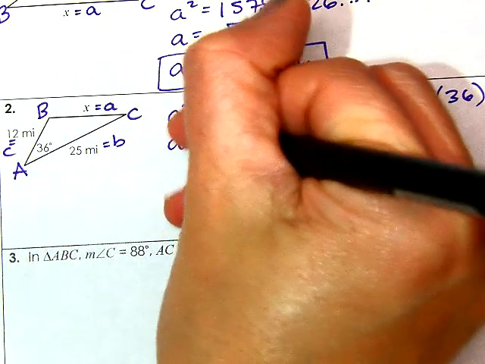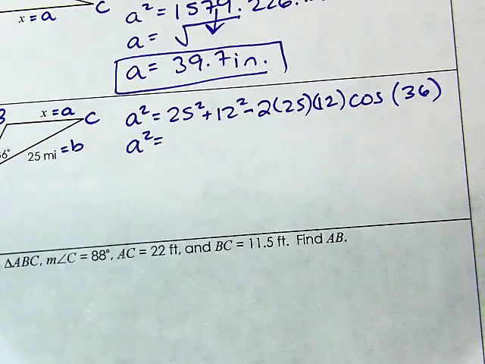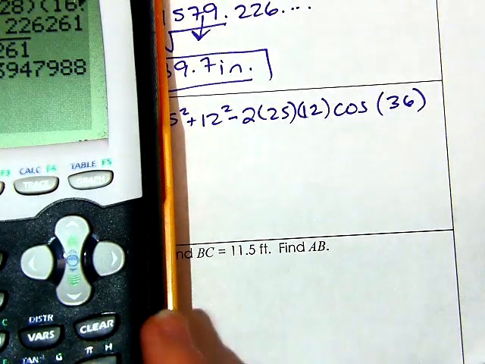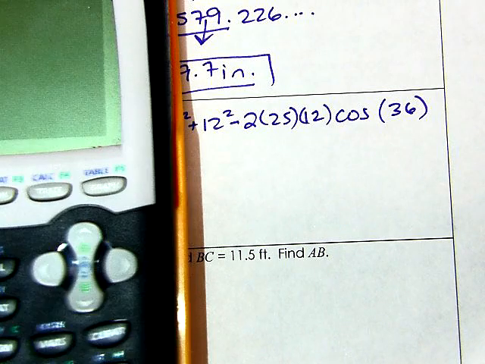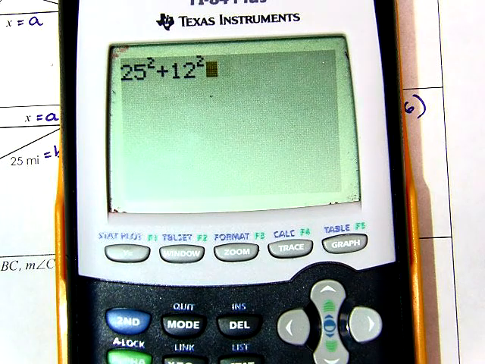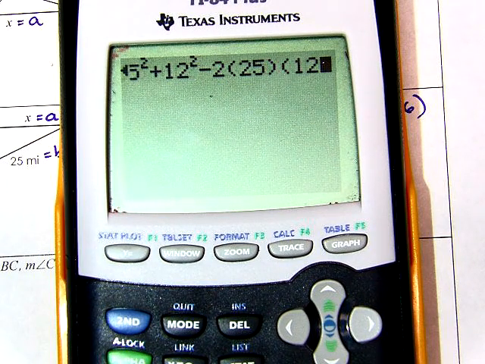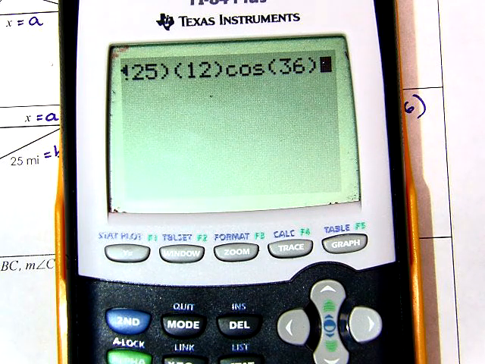I'm at the point now where I can just plug that into my calculator exactly the way it looks. So I have 25 squared plus 12 squared minus 2 times 25 times 12 times the cosine of 36.